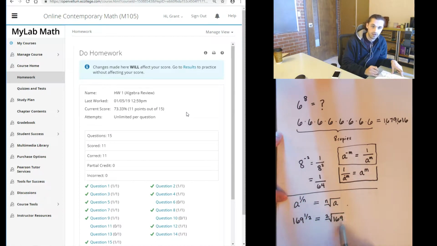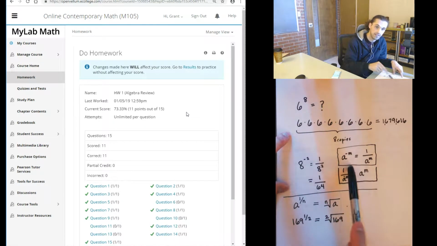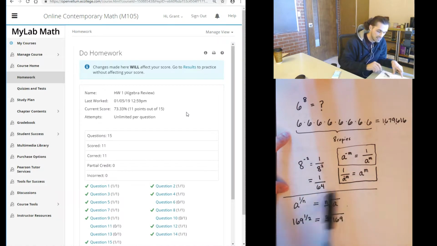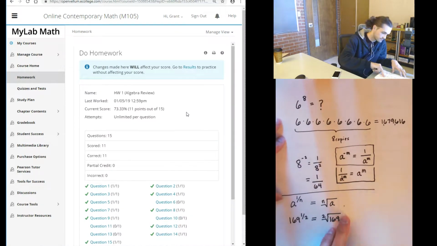So the square root of 169 is 169 to the 1/2 power. That's how you want to think about exponents. Really, the two very important pieces would be this one and this one. This is simply checking to see if you recognize that a 1/2 power is the square root, or a 1/3 power is the cube root.